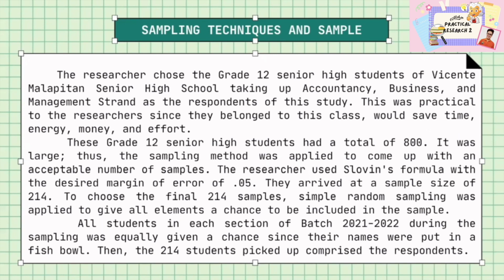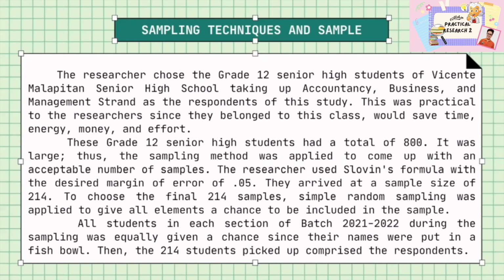The researcher chose the grade 12 senior high students of Vicente Malapita Senior High School, taking up the accountancy, business, and management strand as the respondents of the study. This was practical to the researchers since they belong to this class, and it would save time, energy, money, and effort. So with the first paragraph, you will now have to discuss who your respondents are.